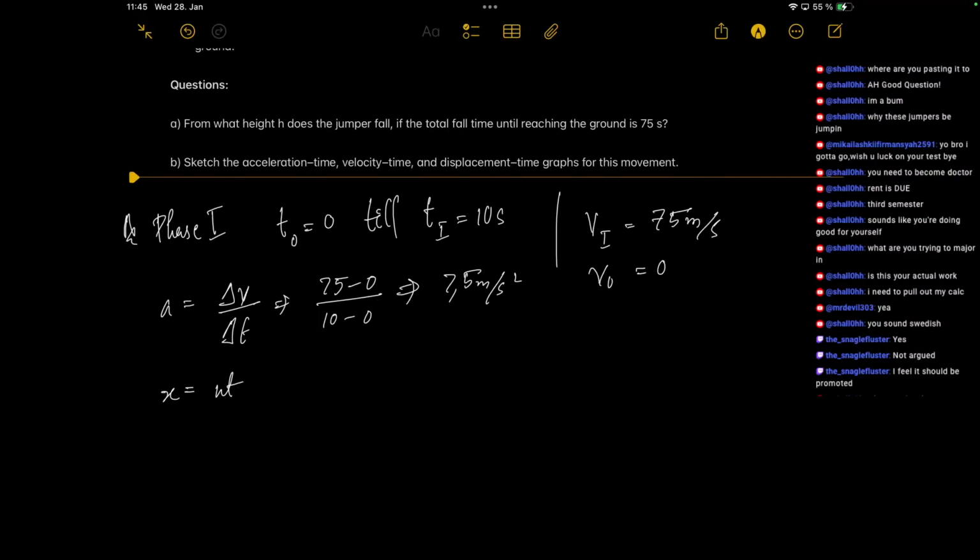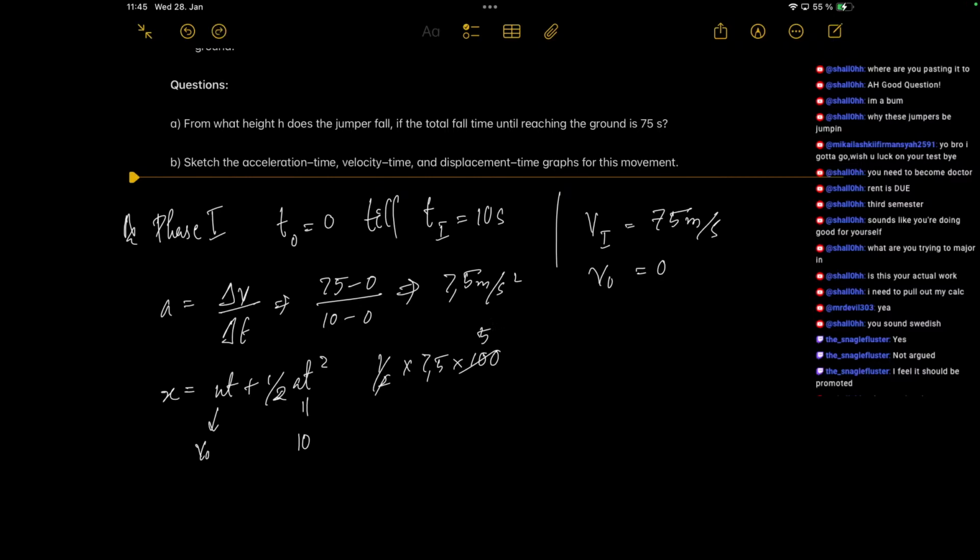X equals ut plus half at squared, and u is v0, which is 0. So half into 7.5 into 100, since t equals 10.